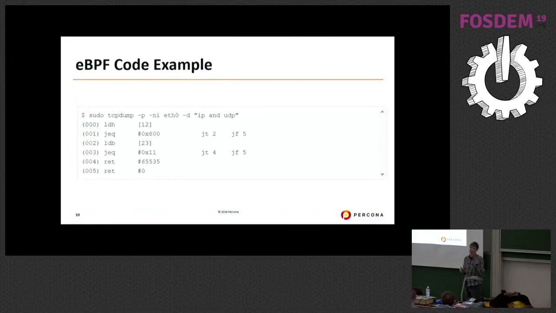Here is, if you're curious, an eBPF code example, which comes from tcpdump, another tool which uses eBPF for packet filtering, and it has a neat option where you can dump the eBPF programs in what looks like assembly-like code for the bytecode it represents.